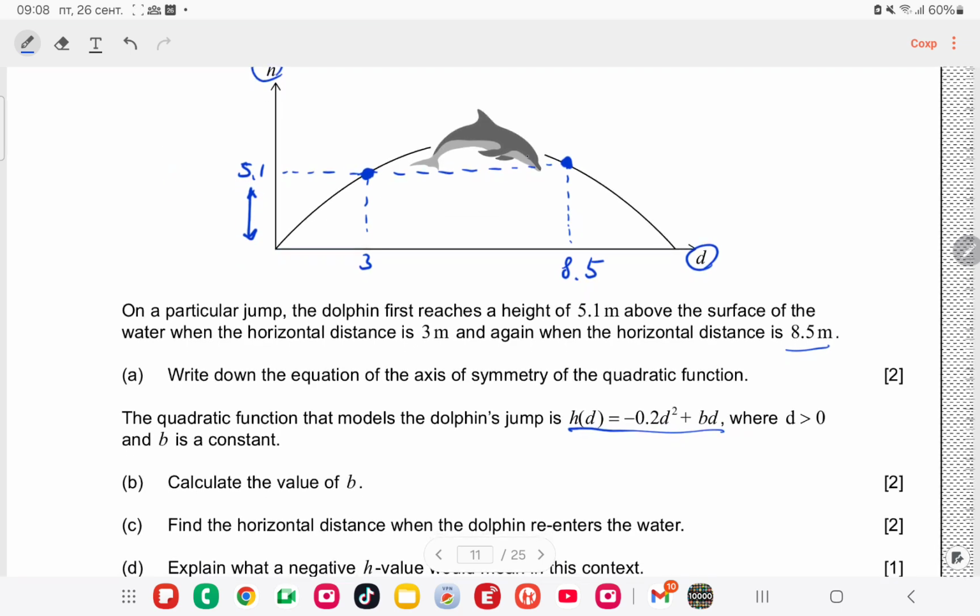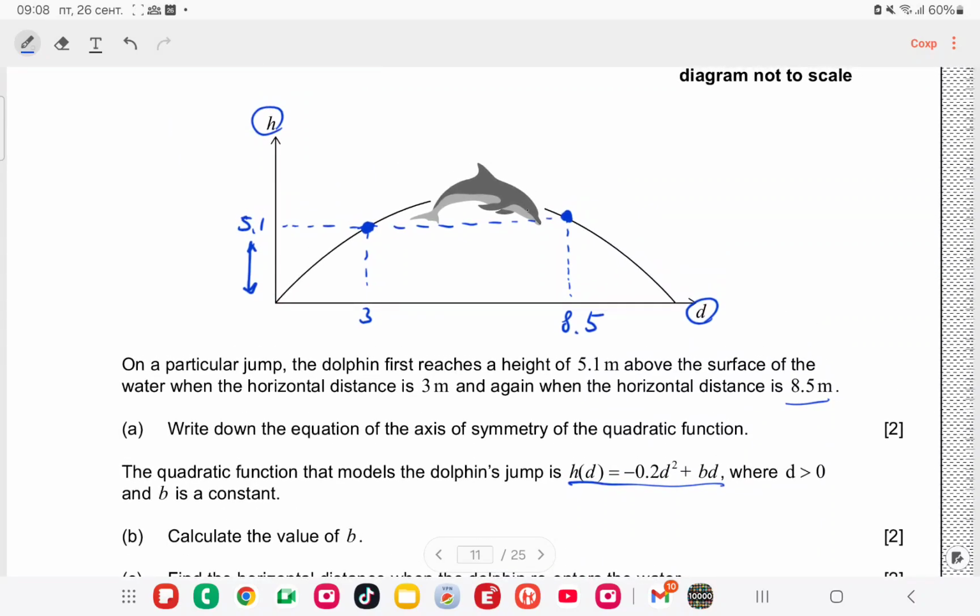Now write down the equation of the axis of symmetry of the quadratic function. It's a bit unclear. How do we find the axis of symmetry if the function is not given?